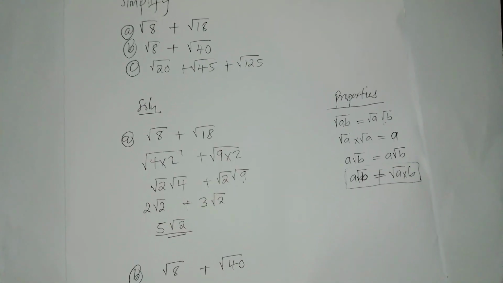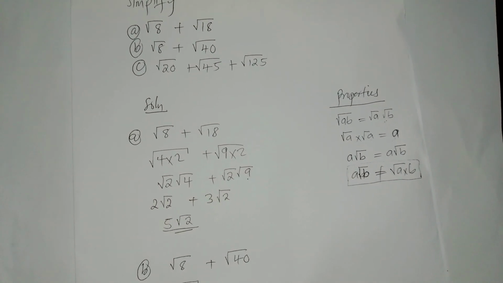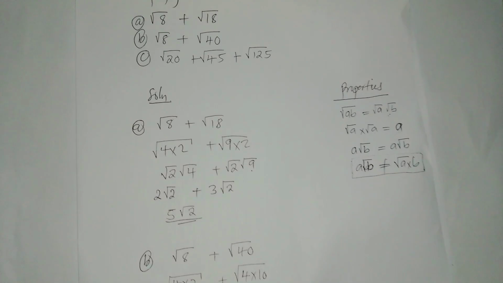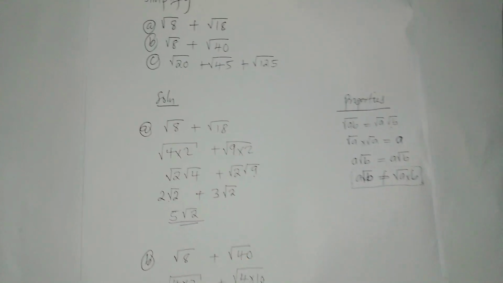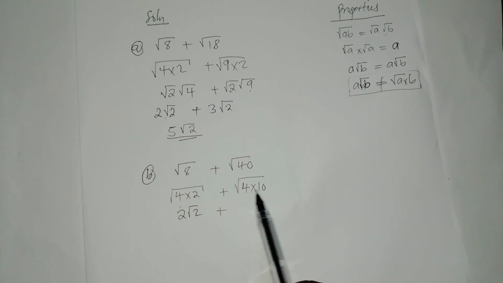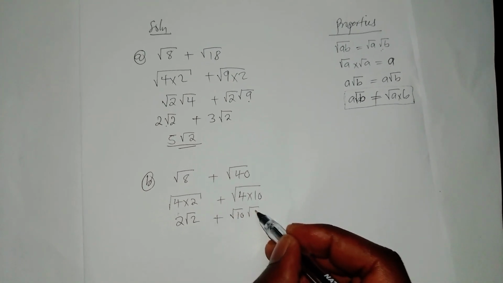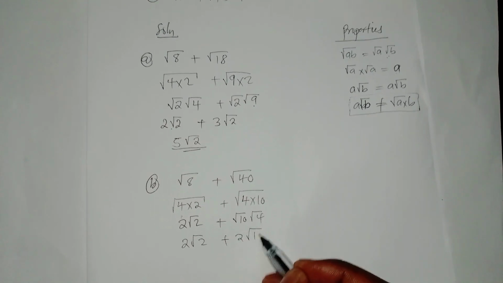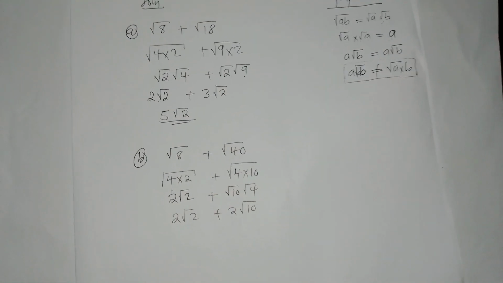Root of 8 will be root of 2 times root of 4, which is 2 root of 2 like we've done above. Then for 40, we think of 4 times 10, so we have a root over 10 and a root over 4, giving 2 root of 10. There's no other way of expressing 10 as a product of a perfect square and some other number.